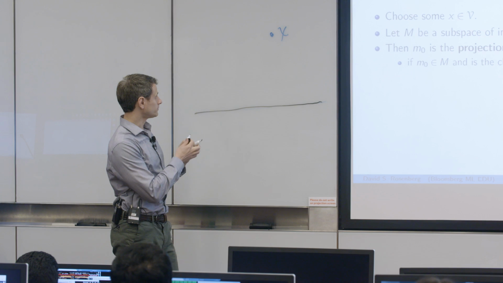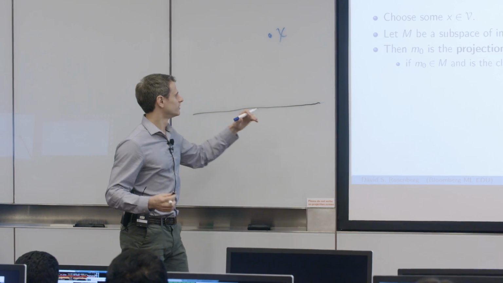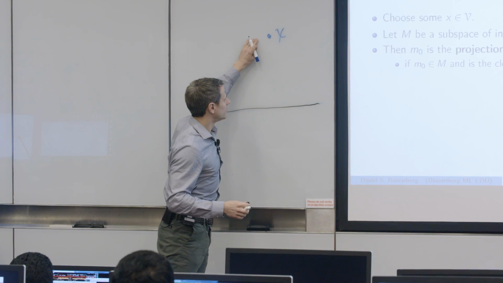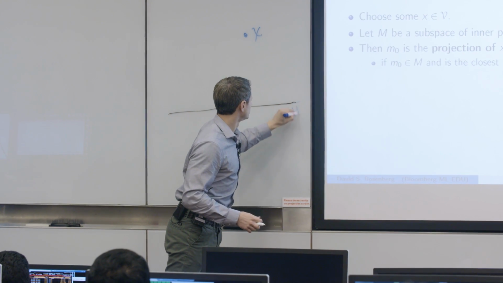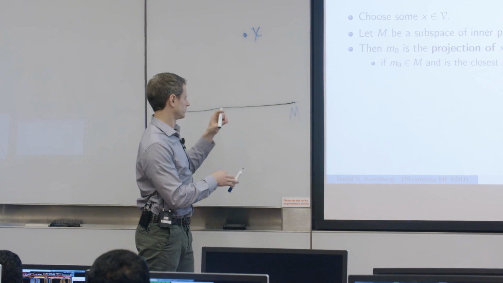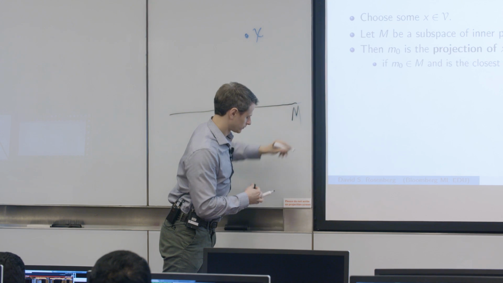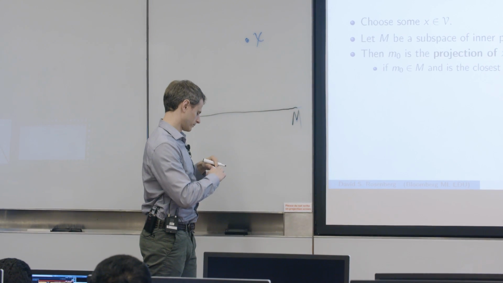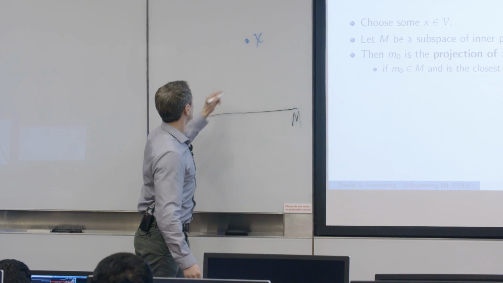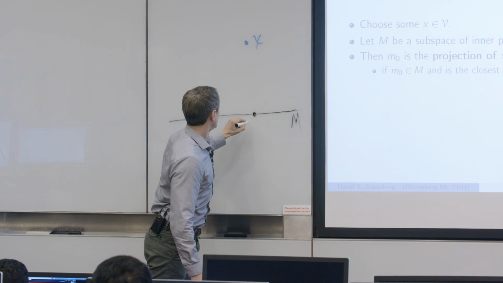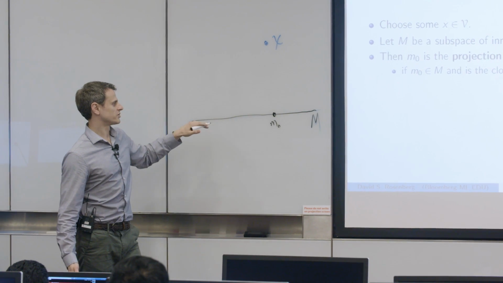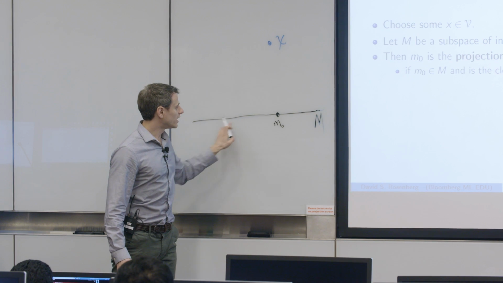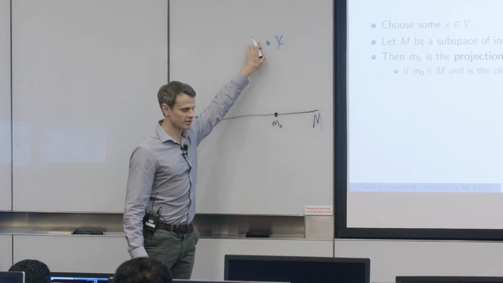So the projection of x onto this subspace captures it well: think of it as the point on the subspace that's closest to x.